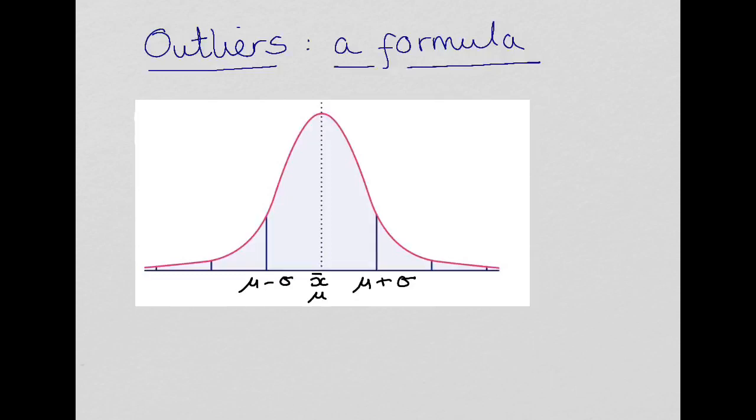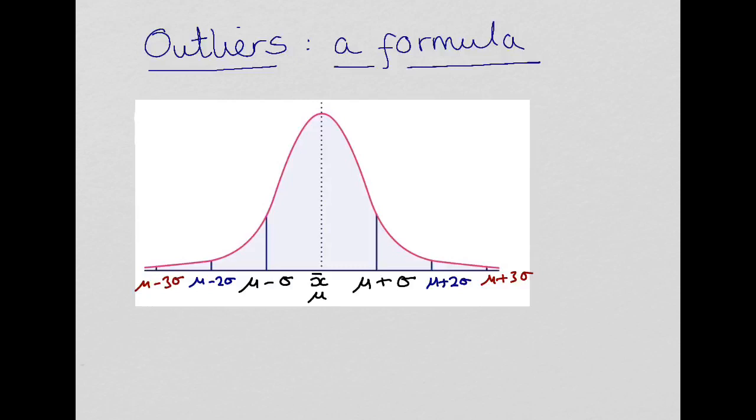So if you took whatever your mean was and added on one standard deviation, you would get to this point here. If you took your mean and subtracted one standard deviation, you get to here. This point here is mu plus 2 standard deviations. This is mu minus 2 standard deviations. This is mu plus 3 standard deviations, and this is mu minus 3 standard deviations.